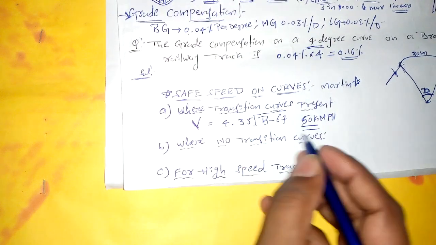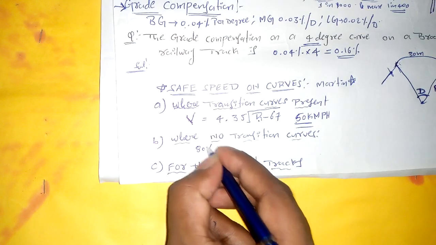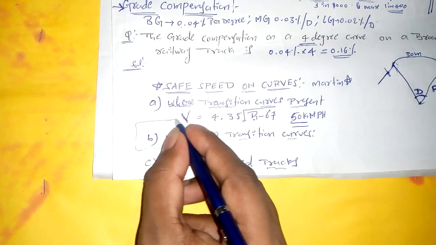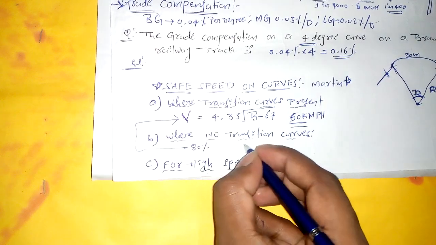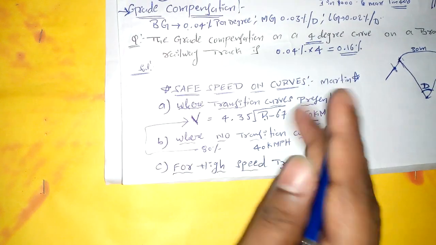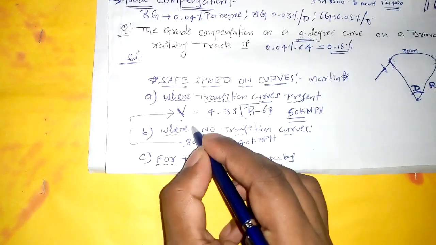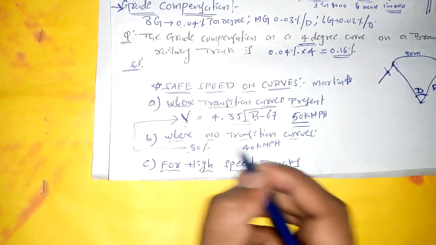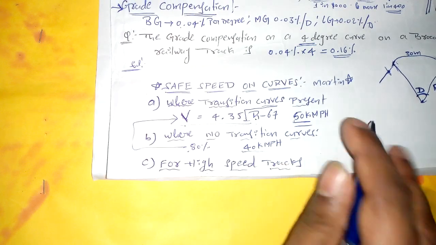If no transition curve is provided, it is taken as 80% of the speed, which is limited to 40 kmph. If the 80% of the speed obtained from this formula is greater than 40 kmph, then it is limited up to 40 kmph.